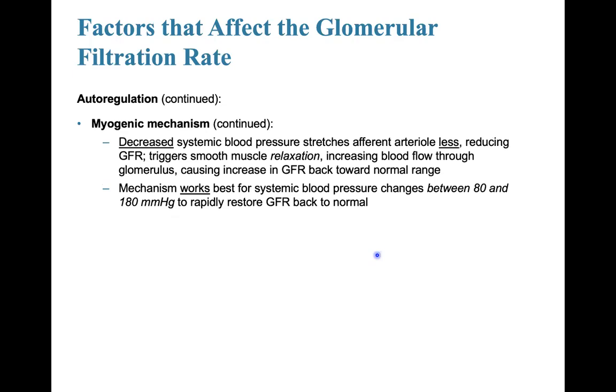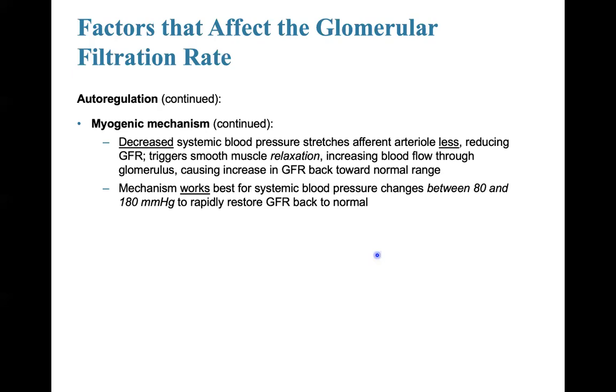If you have a decreased systemic blood pressure, stretching the afferent arterioles less, this will cause a reduction in the GFR and triggers smooth muscle relaxation, increasing blood flow through the glomerulus, causing increases in the GFR back towards the normal range.